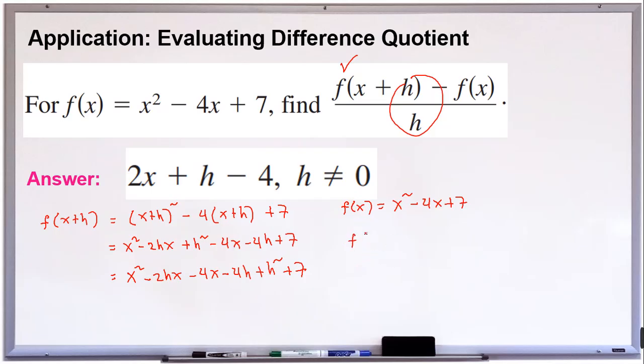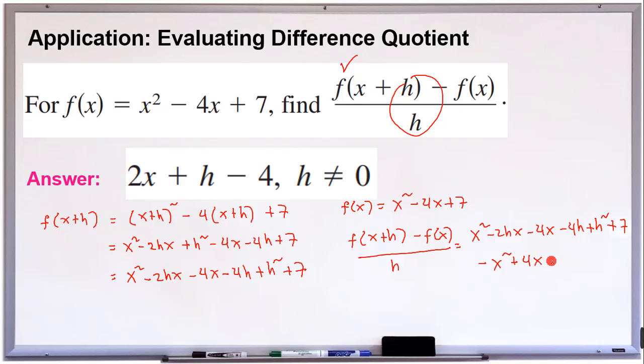So we have f of x plus h minus f of x all over h. So now is the substitution of the expression. That is x squared minus 2hx minus 4x minus 4h plus h squared plus 7 minus x squared minus 4, this one is plus 4x, and then minus 7 all over h.